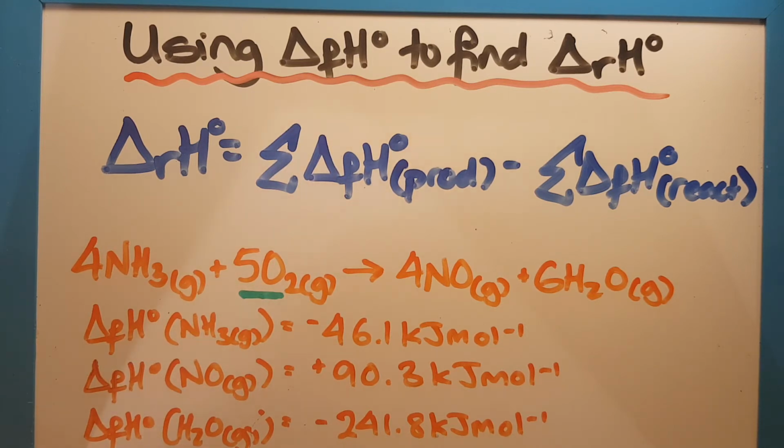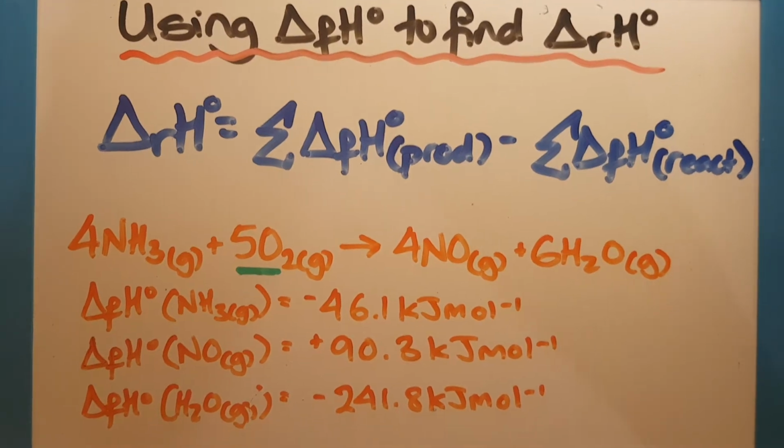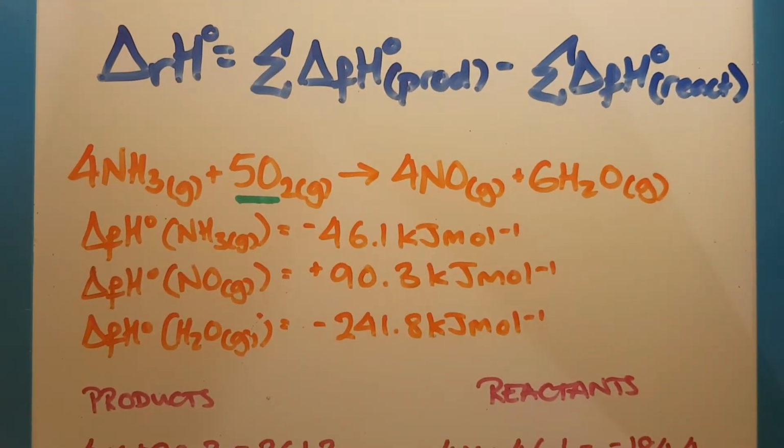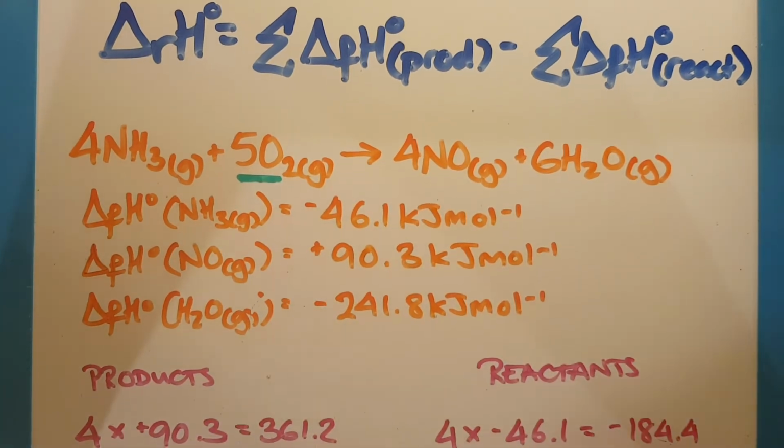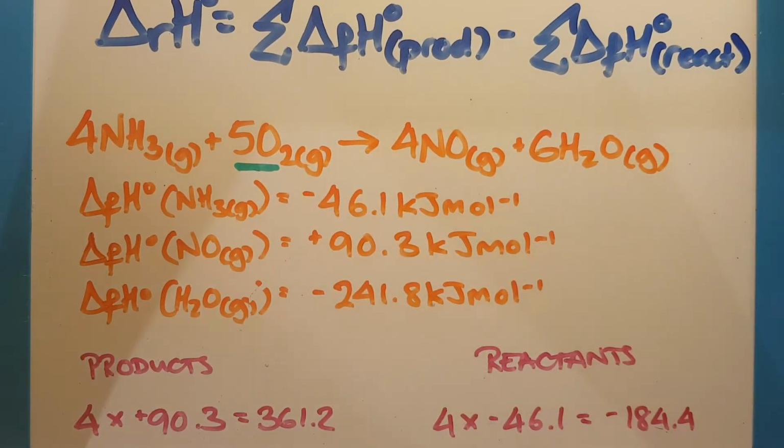In this case, the oxygen is not going to be needed to do this calculation, even though there are some bonds being broken in that. So we're given all the numbers that are given in orange here. We're given the balanced equation, and we're given these 3 enthalpy of formation values.